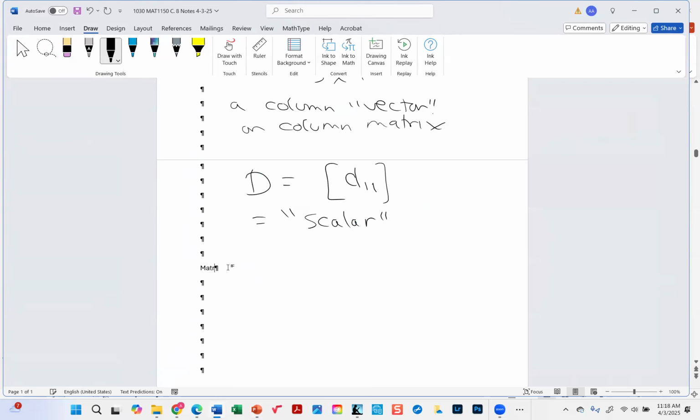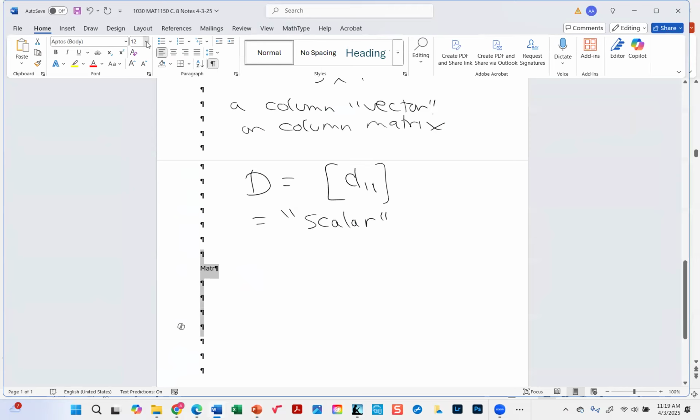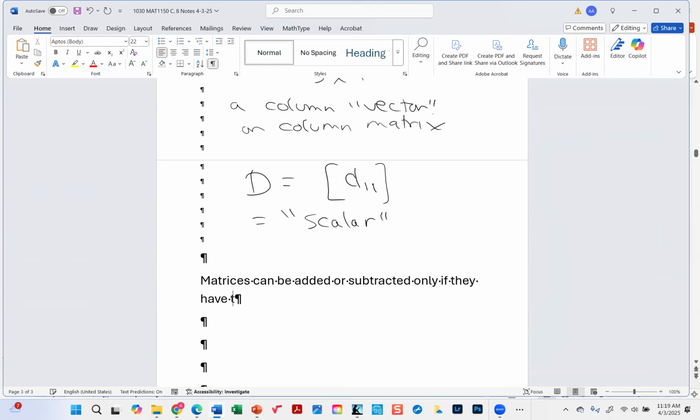Matrices can be added or subtracted only if they have the same dimensions.